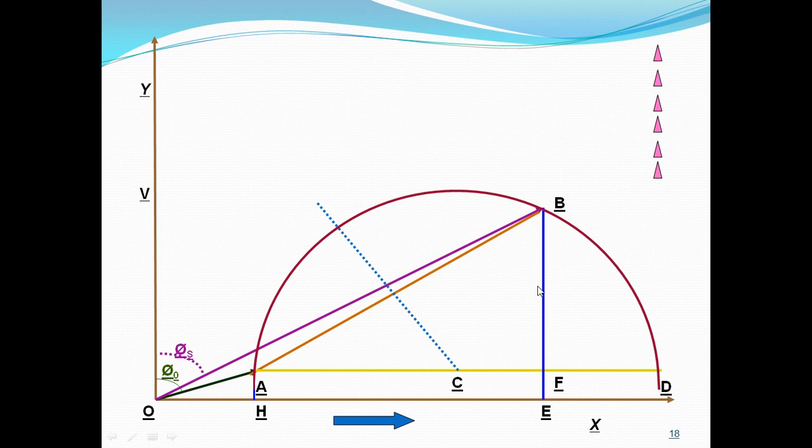Take the midpoint of BF, that is BF by 2, and here we get a point G. Join A and G. This BG represents rotor copper losses and GF represents stator copper losses.